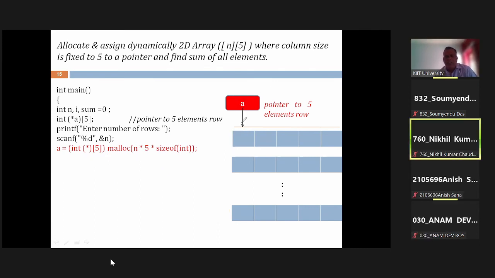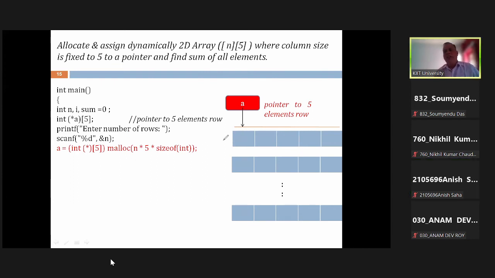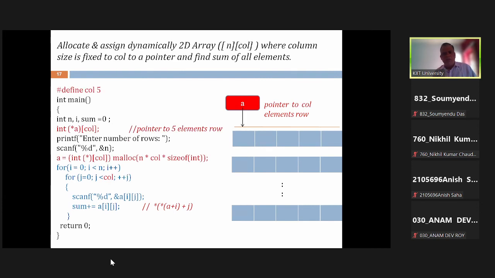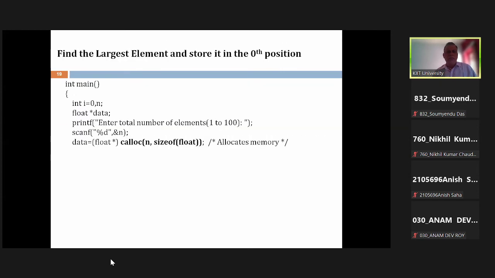So A is pointing to address of 5 integers. So elements of this can be accessed the way we access a two-dimensional array by A[i][j]. I can access all elements by writing A[i][j]. I can add them and find out the total sum here. Understood? थोड़ा बहुत डिफिकल्ट होगा, घर पे प्रैक्टिस करके कर लिया करो.